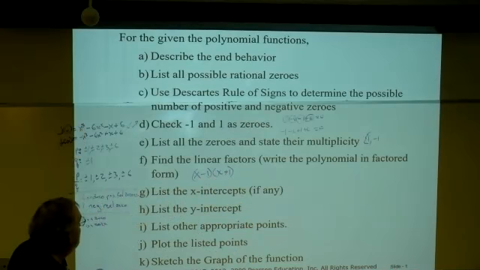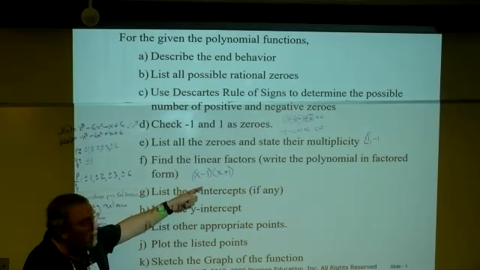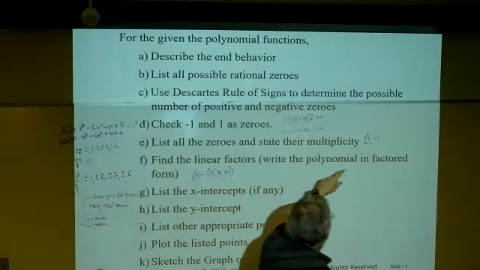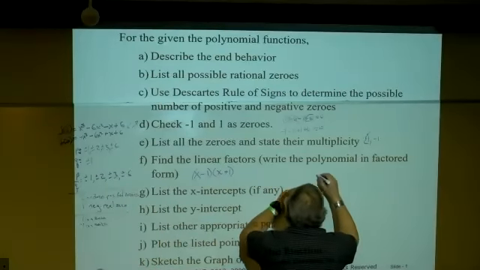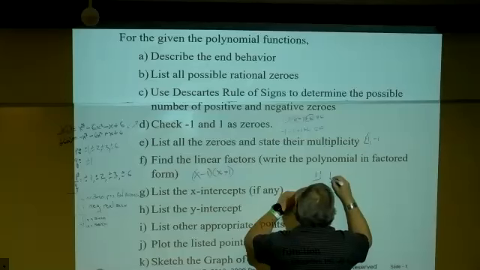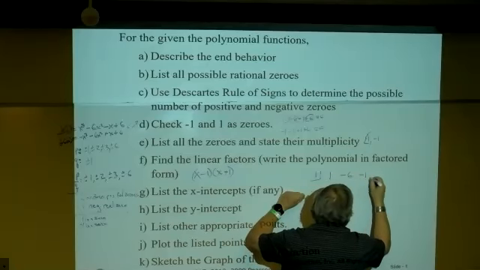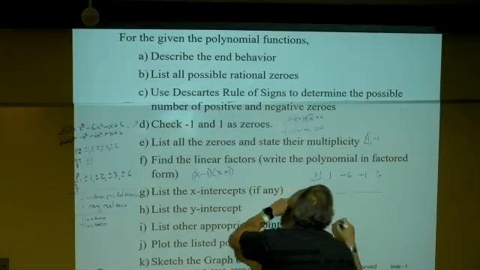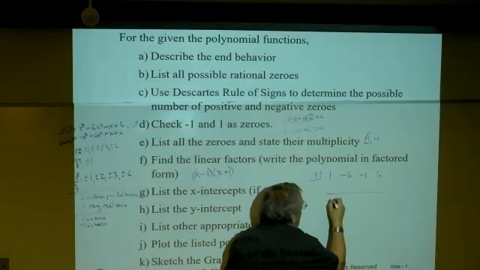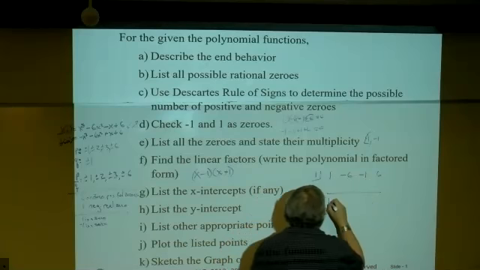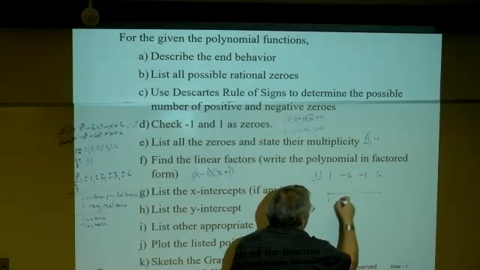So what I'm going to do to find that third zero is to do synthetic division with 1 and negative 1. I'm going to start with the original function, and the coefficients are 1, negative 6, negative 1, and 6. So I bring down the 1. I multiply by 1.